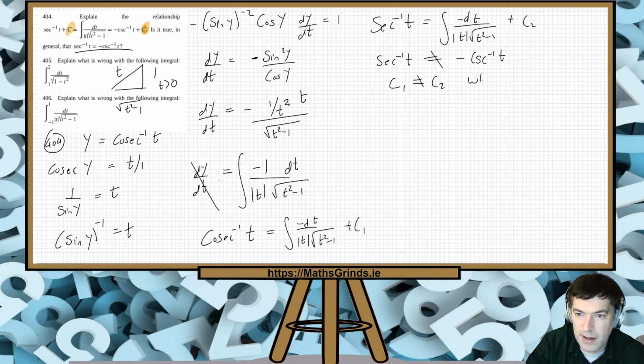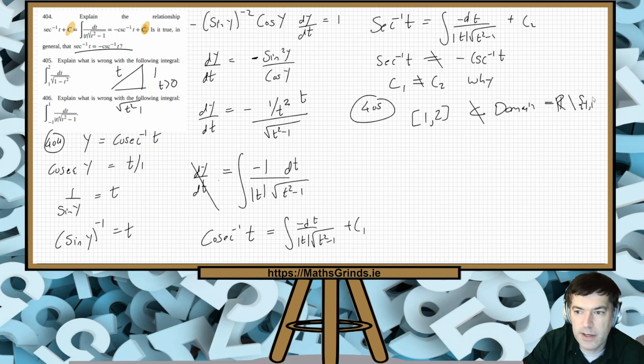That's the reason why. In 405, what's wrong with this integral is that the limits of integration, 1, 2, are not a subset of the domain. And the domain for this is all the real numbers except for -1 and 1, because you cannot divide by 0.